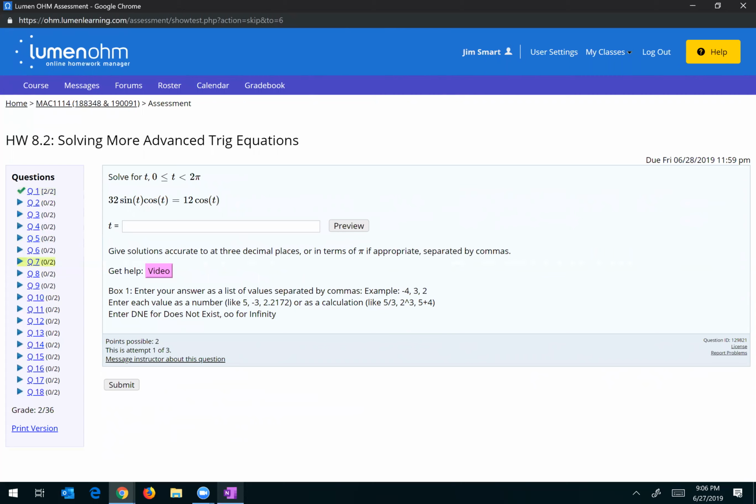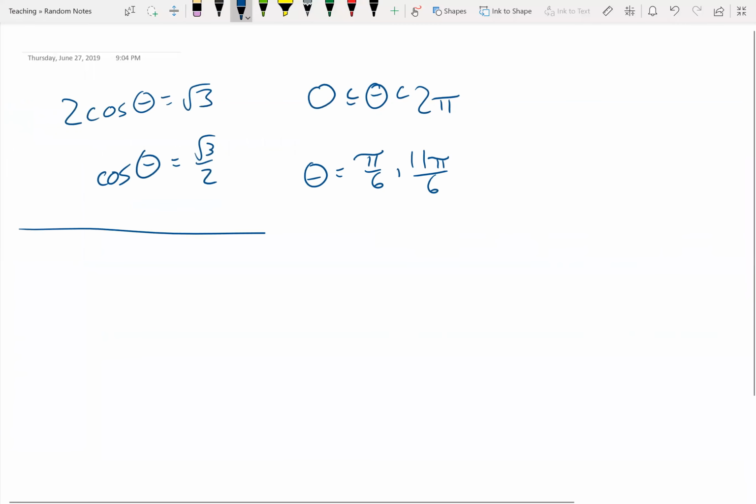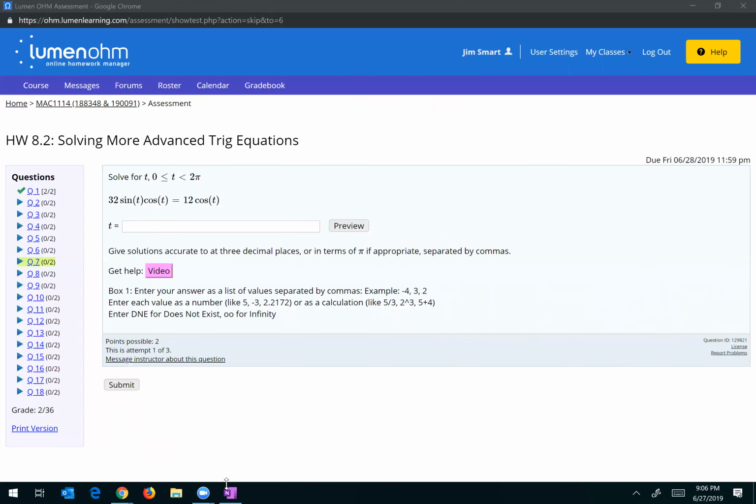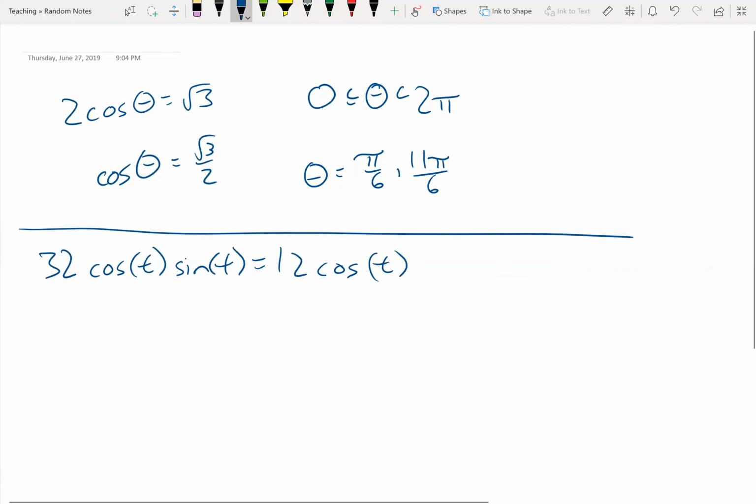So we got 32 sine t cosine t equals 12 cosine t. That's 32 cosine t times sine of t equals 12 times cosine of t. Okay, so for this one, I'm going to set this equal to 0.